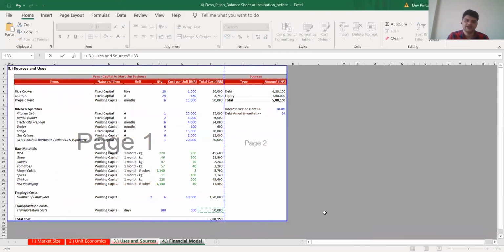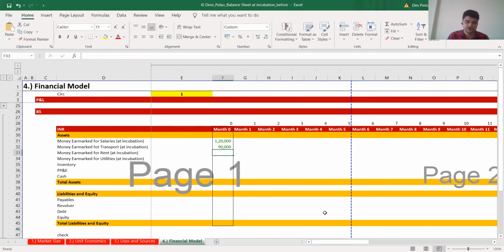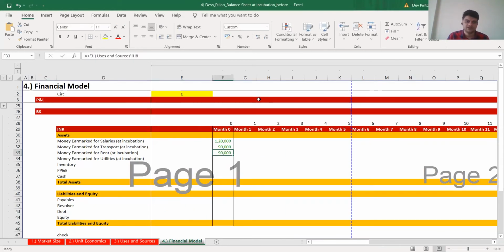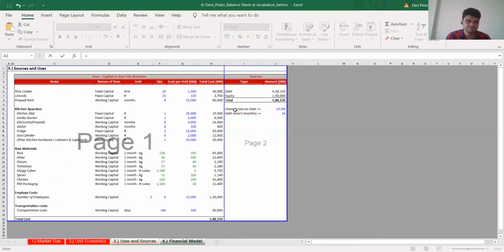We're doing it for 180 days. Money earmarked for rent, which is over here. Same logic, money earmarked for utilities, which will be electricity plus water plus your gas cylinder, right?